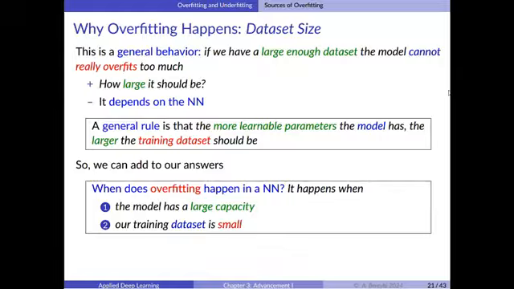Just think about it. So we talked about the model capacity being high and the training dataset being small. The more learnable parameters the model has, the larger the training dataset should be. It's a very important general rule that we should think about. Please read it again for yourself because it's very important from my point of view.